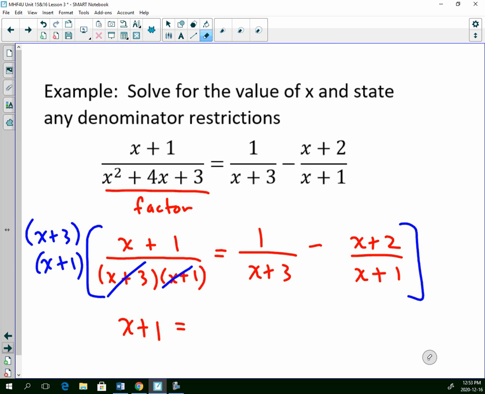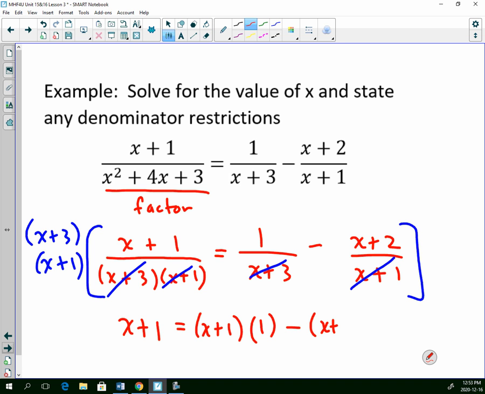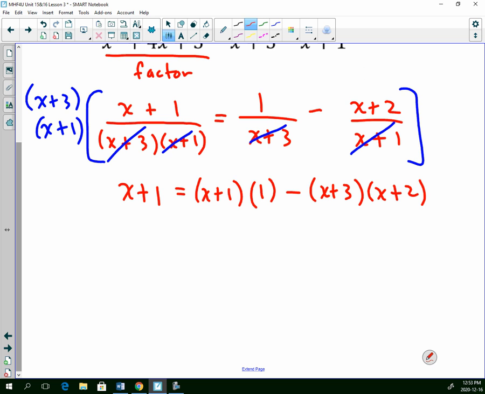In this term, just the x plus 3 would reduce, so we'd have an x plus 1 left. And then in this term, just the x plus 1 would reduce, so we'd have an x plus 3 left. Okay, so that reduces all those denominators, and then I'm just going to simplify by expanding brackets.